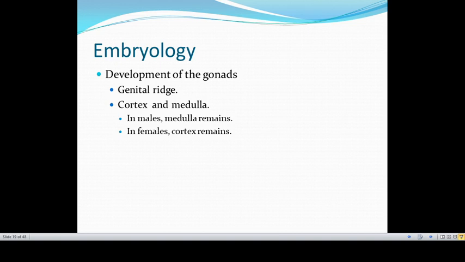Testosterone and Mullerian inhibiting substance is secreted. In genetic females, the cortex remains and develops into an ovary, and the medulla regresses. The embryonic ovary does not secrete hormones.